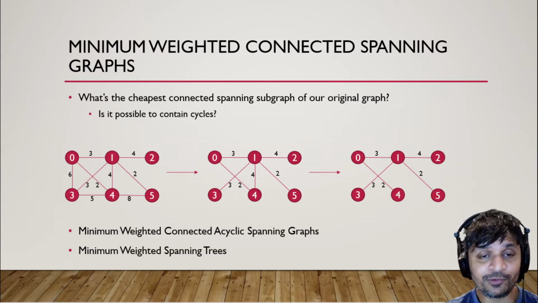Well, the point of the minimum weighted spanning tree algorithm is to produce connected subgraphs of our original graph, right? And in particular, to produce the cheapest connected spanning subgraph of our original graph. And it's easy to see potential uses.